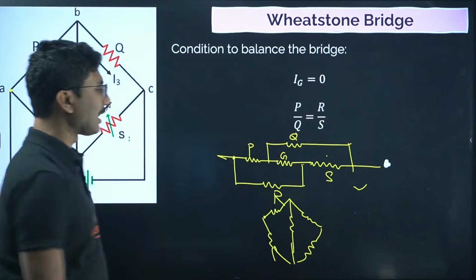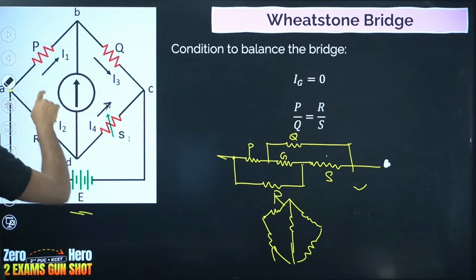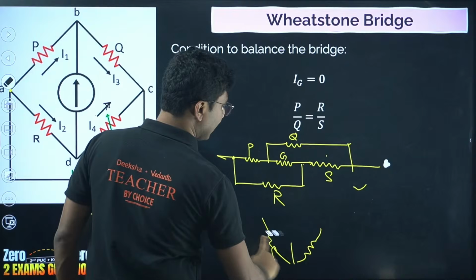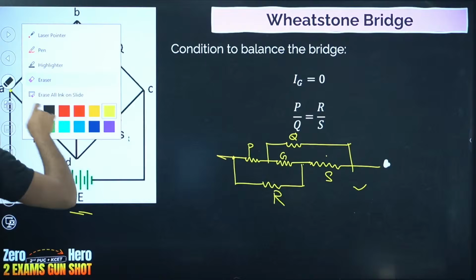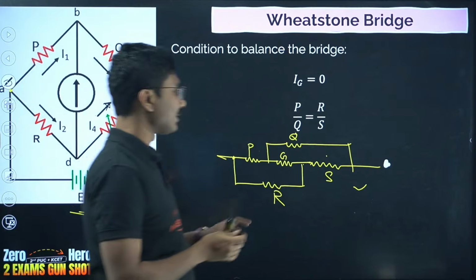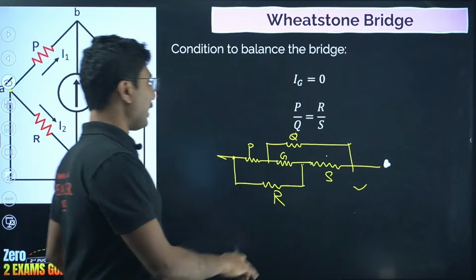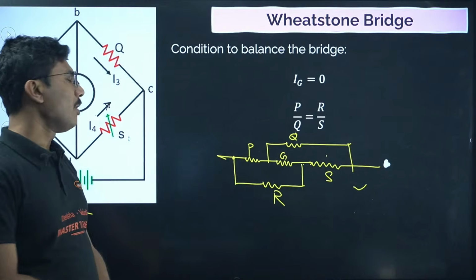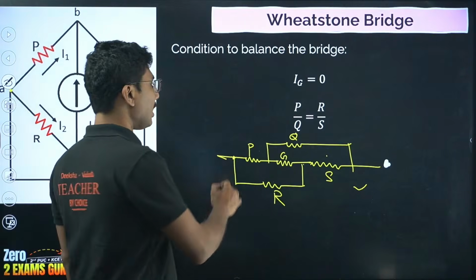This circuit diagram is nothing but your Wheatstone Bridge, and this is a smart way to draw a Wheatstone Bridge. Many people are not able to draw this diagram, and for any competitive exam this diagram is very important. When any circuit is given in this form, first you have to understand that this form is nothing but a Wheatstone Bridge.